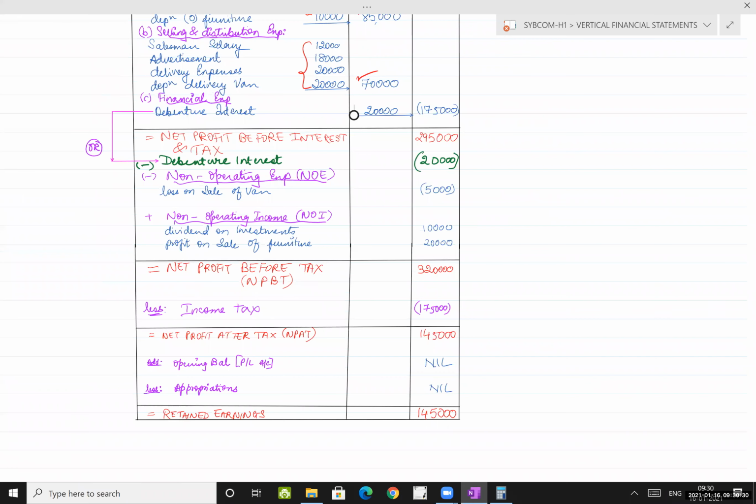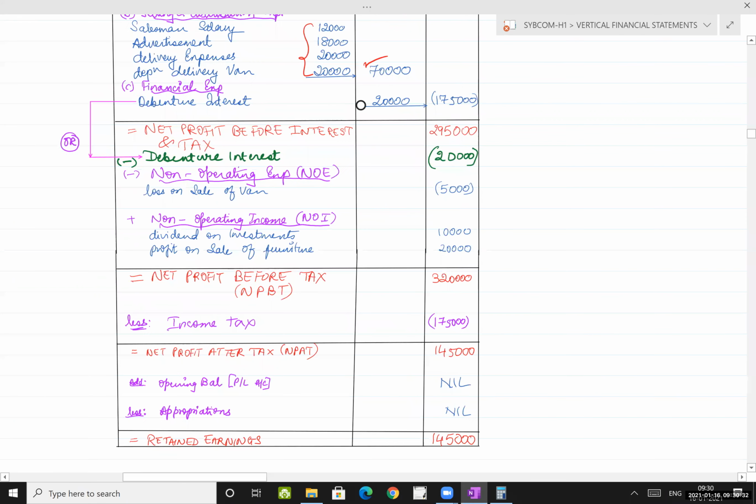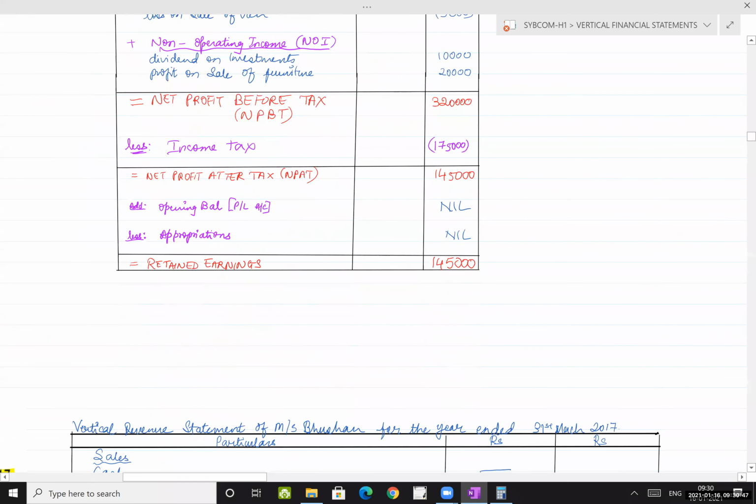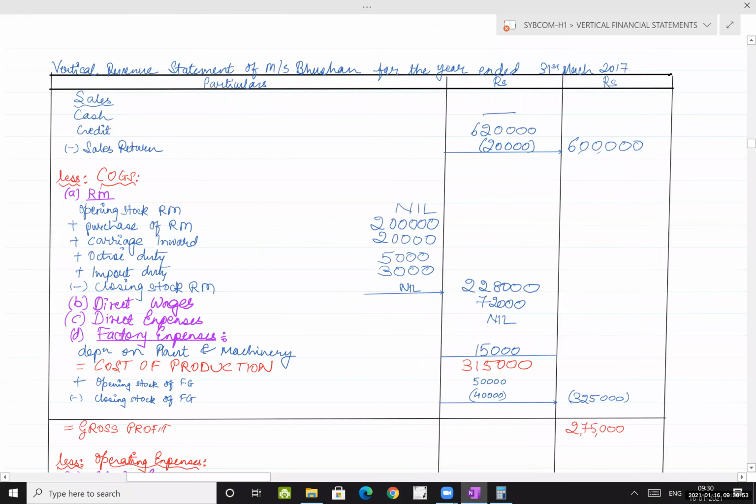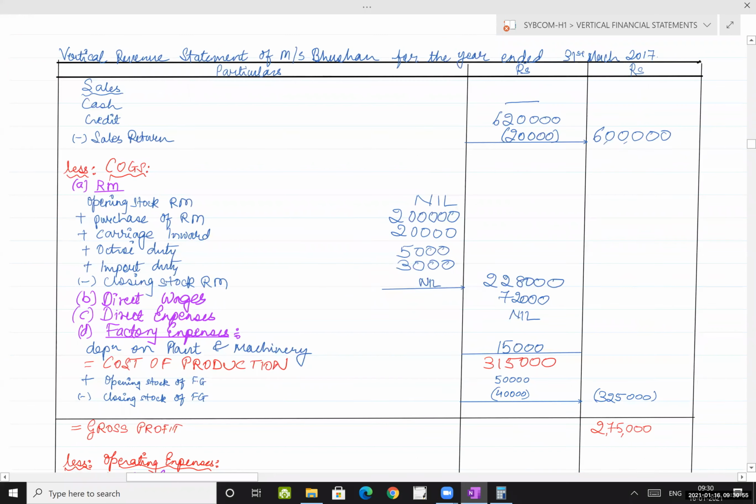Net profit before interest and tax. Okay, fine. Great. Okay. Now let us start with this sum ka solution. Okay? Yeah. Make your revenue statement and then we will move forward.